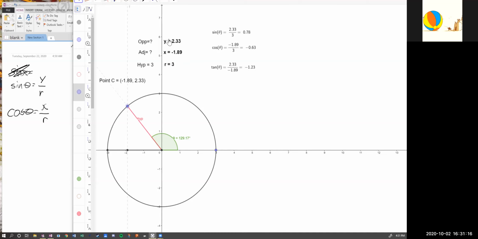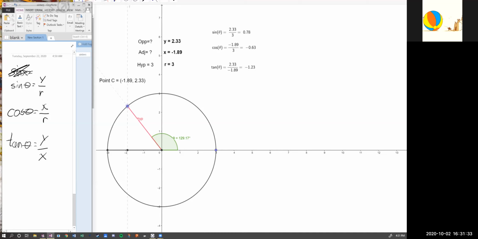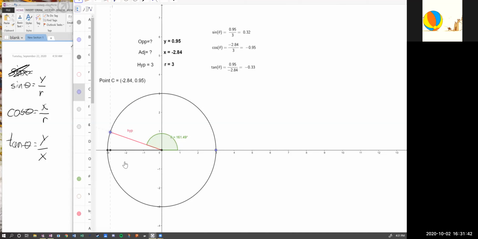Instead of opposites, we have y values. Instead of adjacents, we have x values. So that tangent is that ratio between y's and x's. Well, again, we're redefining our tangent as y's over x's.